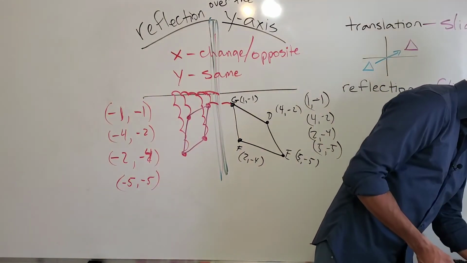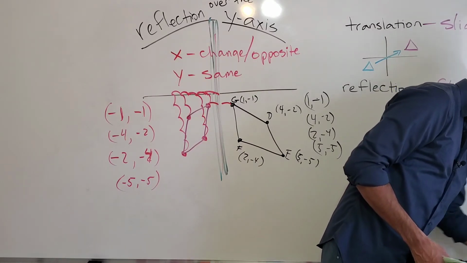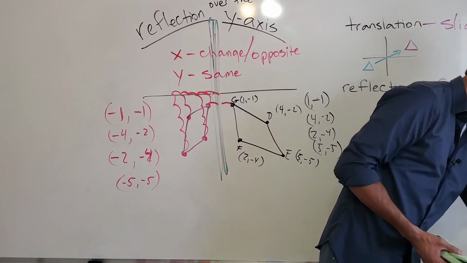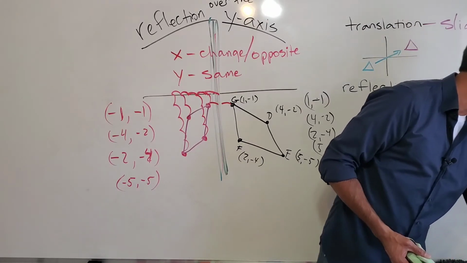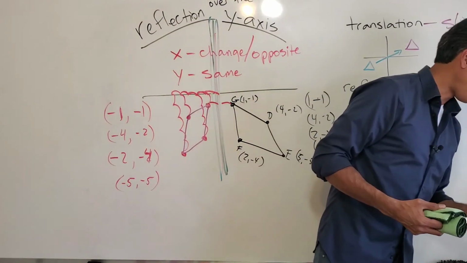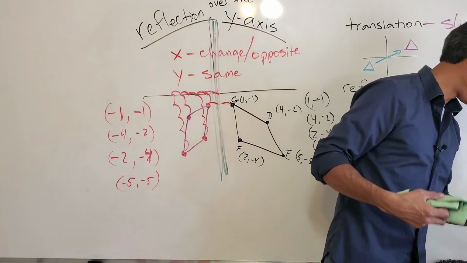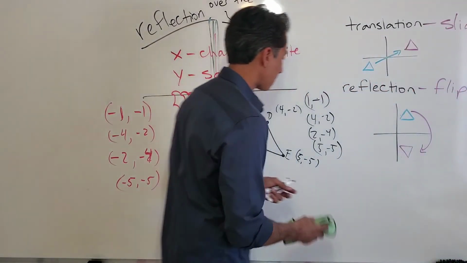Okay? All right, so now I just want to do one more problem here and make sure that we're all on the same page with some of this stuff, okay? It's just to identify the thing, whether it's a translation or reflection, and then describe what's happened. Describe the transformation, okay?